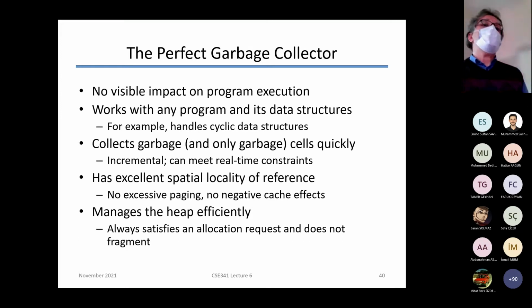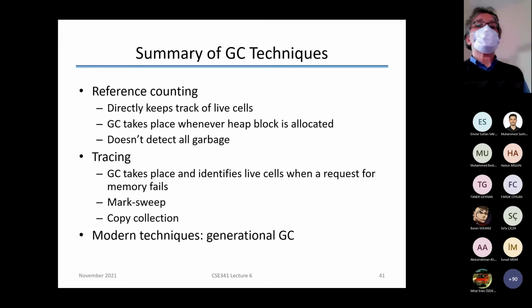And then it should also manage the heap efficiently. Fragmentation and so forth should not happen. If I have a bad manager, I may have an integer that I require from time to time dynamically allocated, a small space here, a small space there. And then all of a sudden I need a big space for something, and I cannot fit it into my heap because I have a fragmented heap. So the fragmentation should not be there.